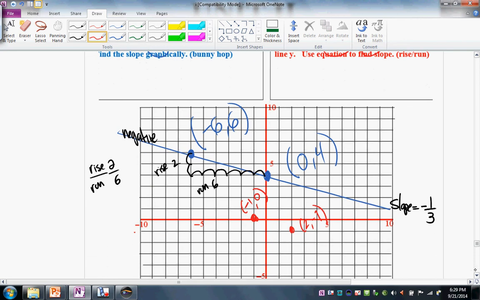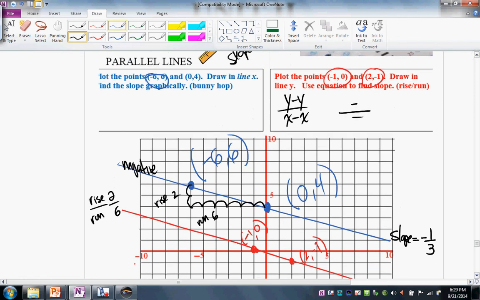We plot this line. And we're going to find the slope using the slope equation this time. Remember, which is y minus y over x minus x. So we make a template.